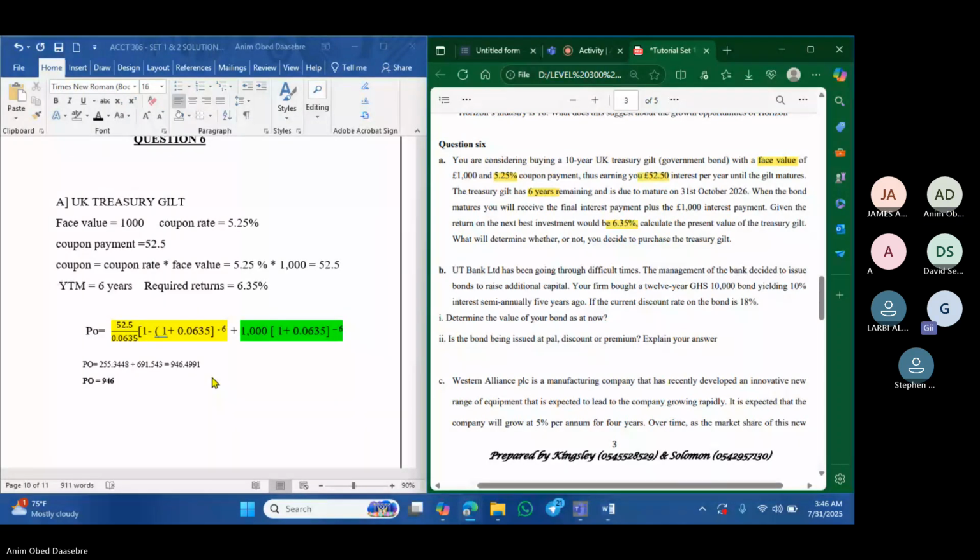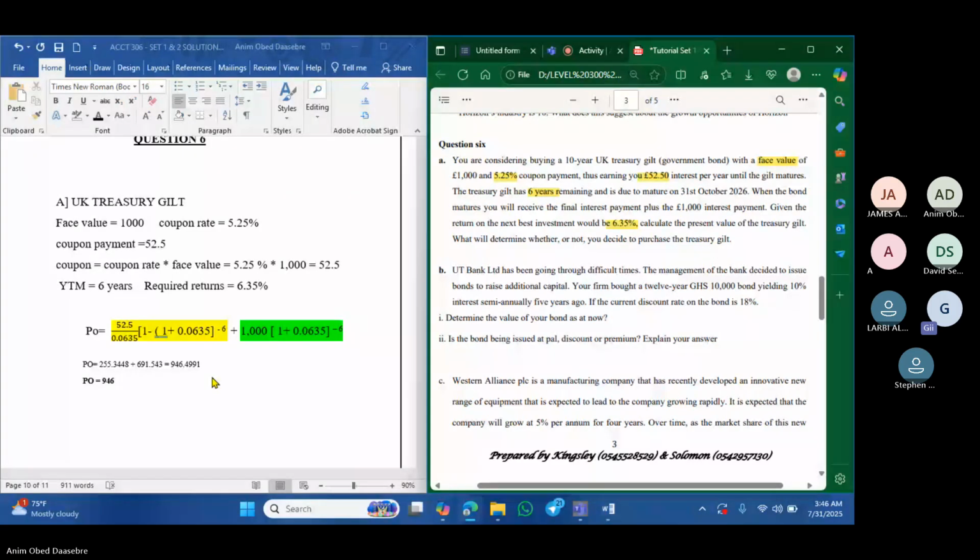Concerning the guy's question, it's asking whether, if a question is given this way with coupon, we are supposed to use C or any other letter. To my understanding, we are writing C because that's the coupon rate, which is the cash flow the holder is going to receive at the end of the month.